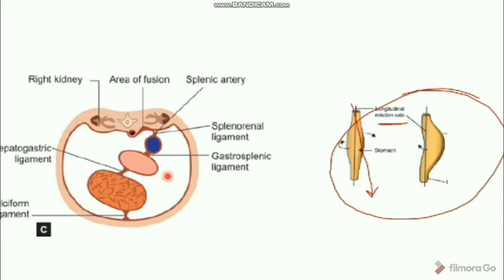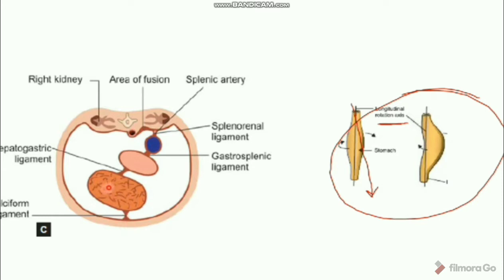So see how when the stomach rotated, along with it, the two ligaments I told you, the gastrosplenic ligament and the hepatogastric ligament, which is nothing but your lesser omentum, also rotated. And when it rotated, it carried the spleen to the left side and the liver somewhat to the right side. But remember, the anterior attachment is going to stay the same because it is attached to the abdominal wall. That's not going to change.